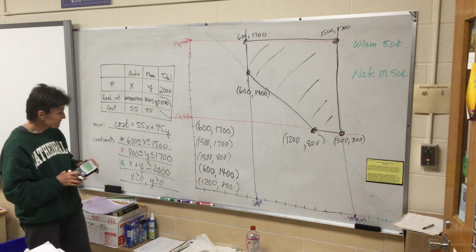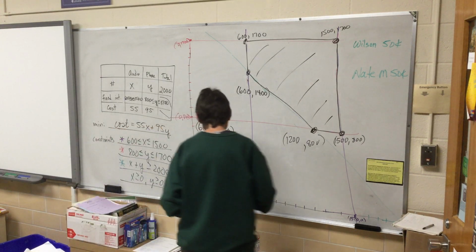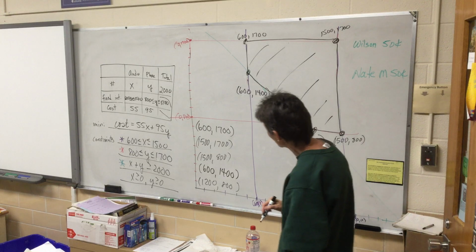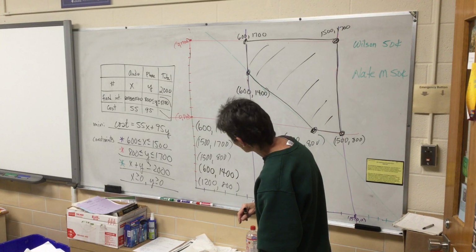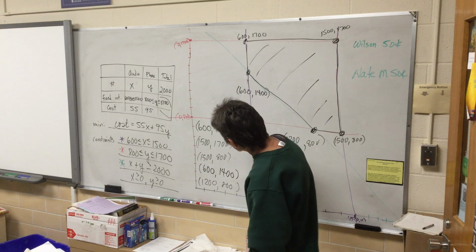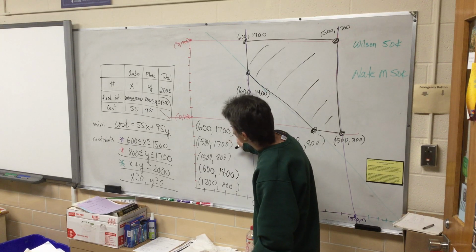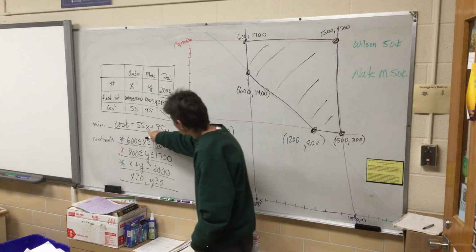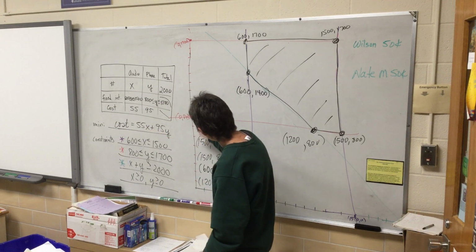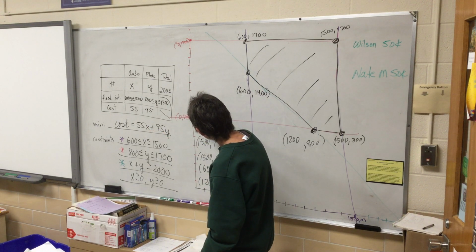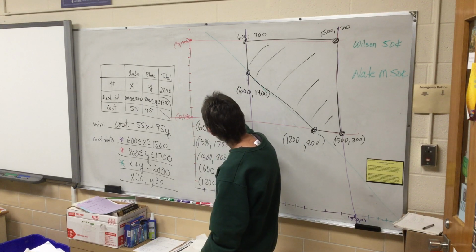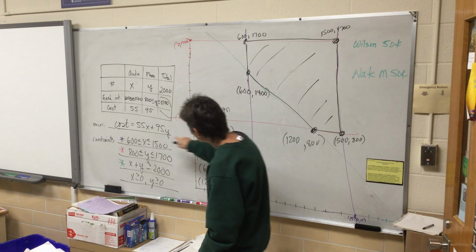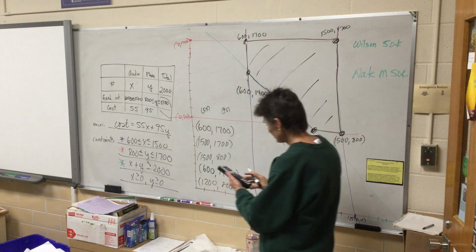All right, we're almost done. What do we need to do now? How are we going to find our answer? What's the very last step? You plug it into the cost? Exactly. And the cost says, take 55, I'm going to write it right above here, take 55 times the first one and 95 times the second one and add them up.